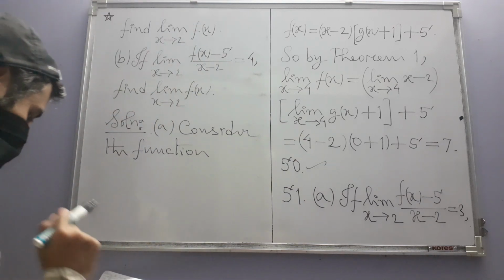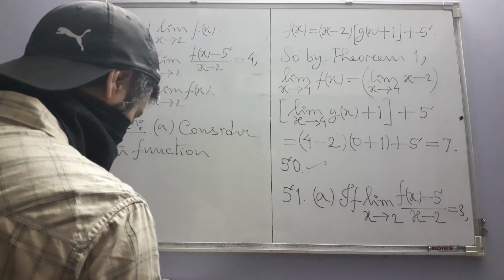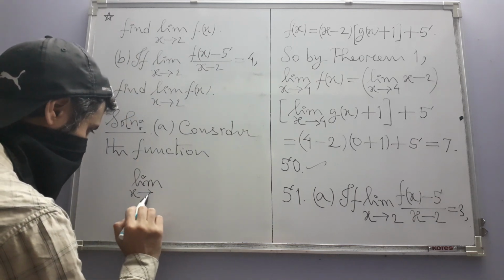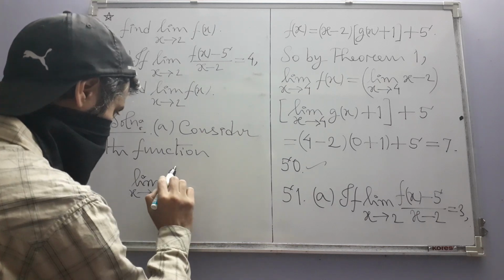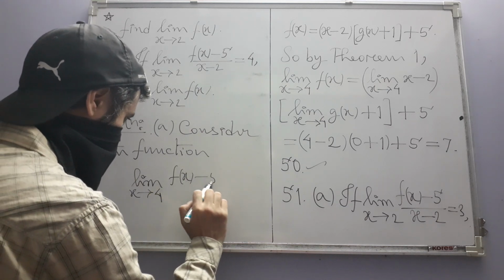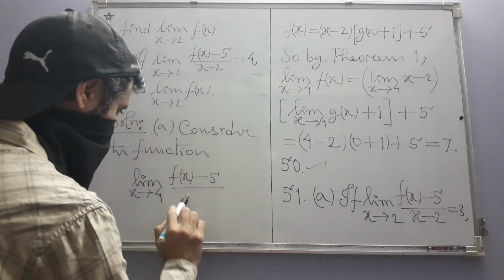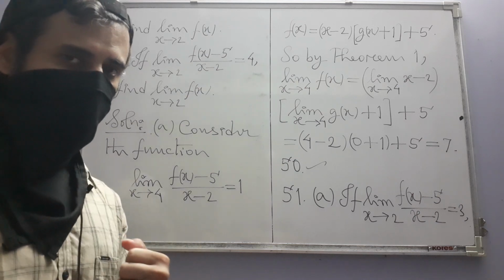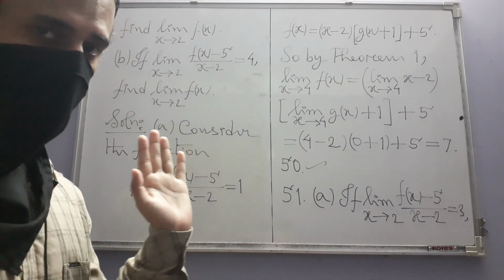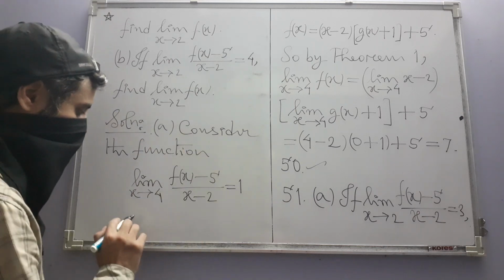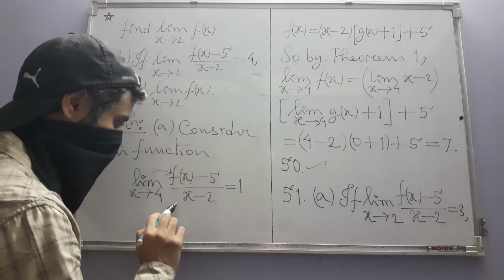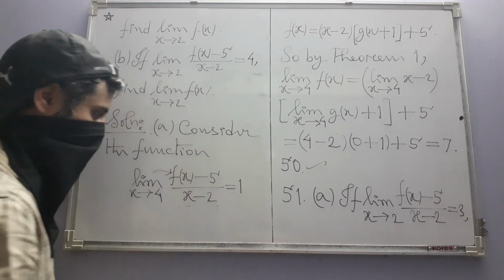Let me just go back to that one, the 49th one, just for a moment. You just see how cunningly the authors did this thing. You were given this, right? Normally, if we are not careful, like how I was not careful there, we would just simply take the limit of f of x minus 5 over the limit of x minus 2.